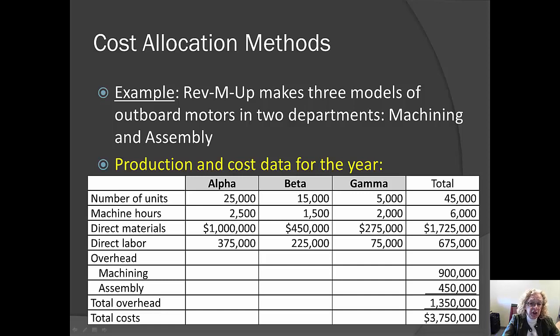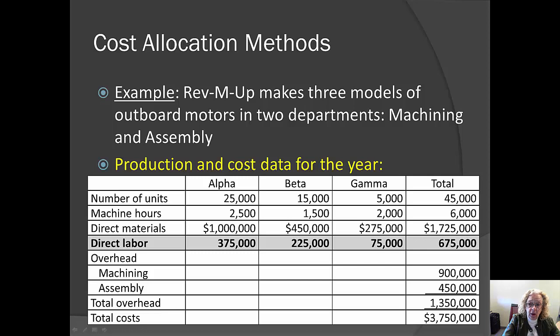So what kind of information do they have? We know the number of units of each kind of motor the firm has made individually and in total, and we know how many machine hours it took to make each kind of motor, and we know the cost of the direct materials that went into each kind of motor because we can trace those costs, and the same thing for direct labor.